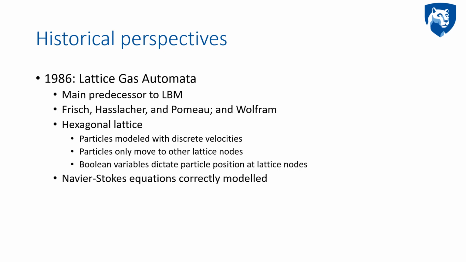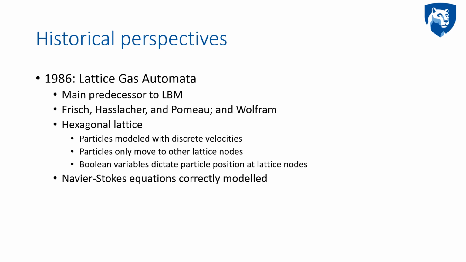The main predecessor of the lattice Boltzmann method was the lattice gas automata of 1986, which was introduced by these 4 people, Frisch, Hasslacher, Pomeau, and Wolfram. This used a hexagonal lattice, which I'll show in the next slide, and the particles were modeled with discrete velocities, and they could only move to other lattice nodes.